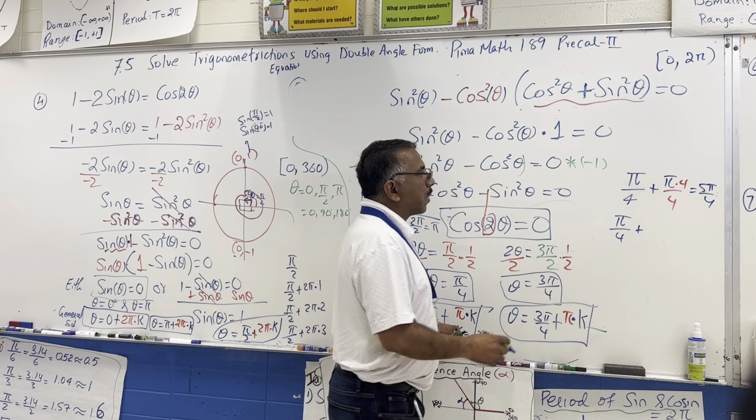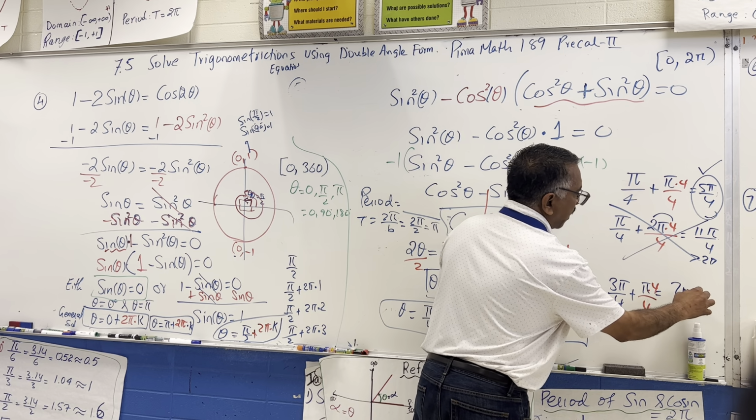So if the question is asked only from 0 to 2 pi, then there's another one here. That's what I'm trying to say. And the same thing we will do here. So this is 3 pi by 4 plus pi. How much is that? Multiply by 4 again, so this will be 4 pi plus 3 pi is 7 pi by 4.